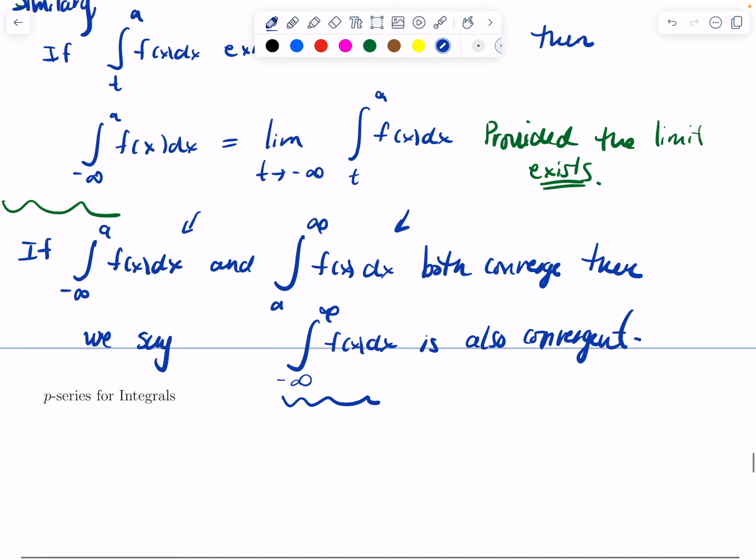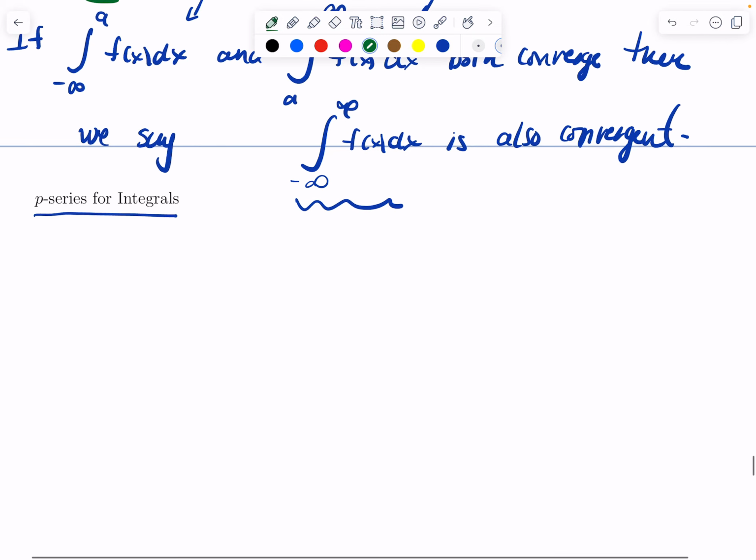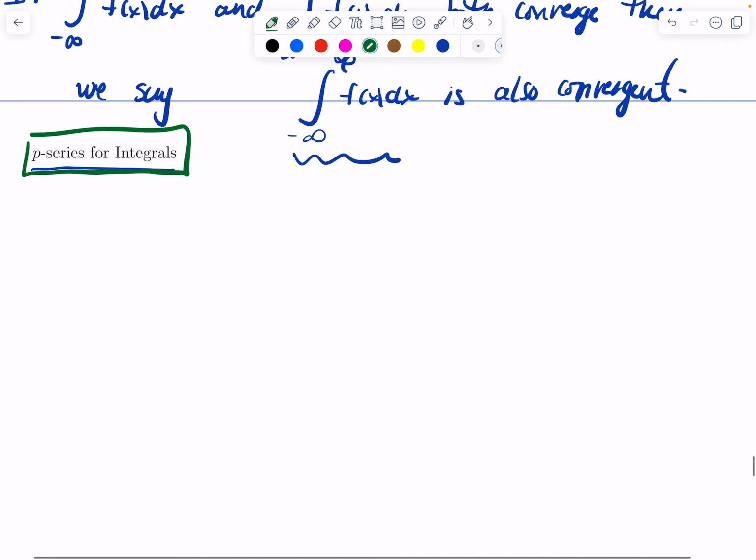Now, let's look at an example and then we'll come back to this p series here. We're going to pause on that for a second. So if I have the integral from 1 to infinity of 1 over x dx, that is an improper integral of type 1.